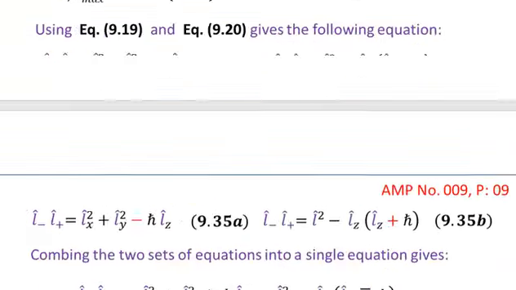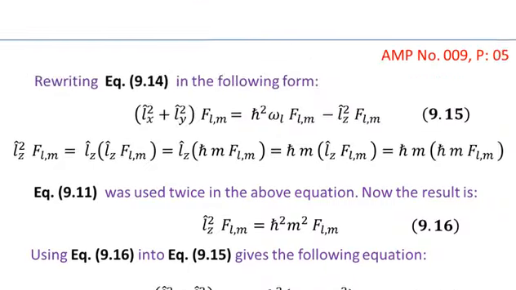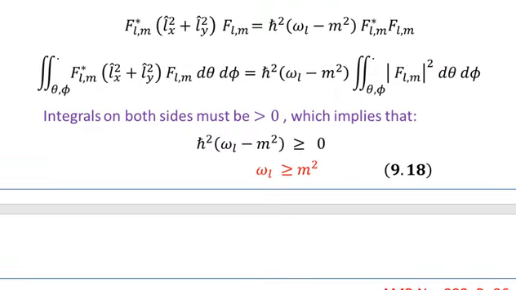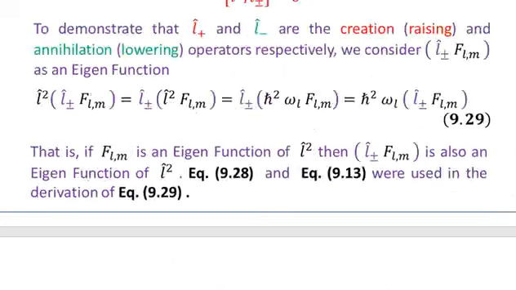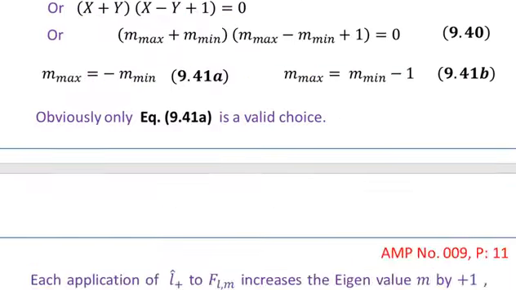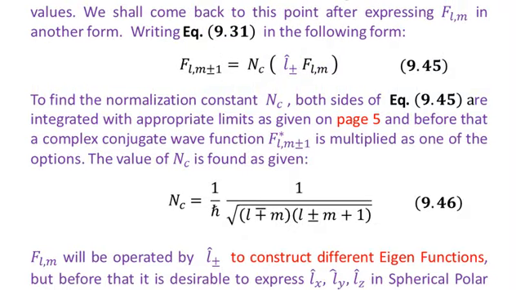Let me show you page number 5. These are the limits that I have shown with the integrations here. If we specify these limits and integrate, you can find the normalization constant, which is shown in equation number 46.